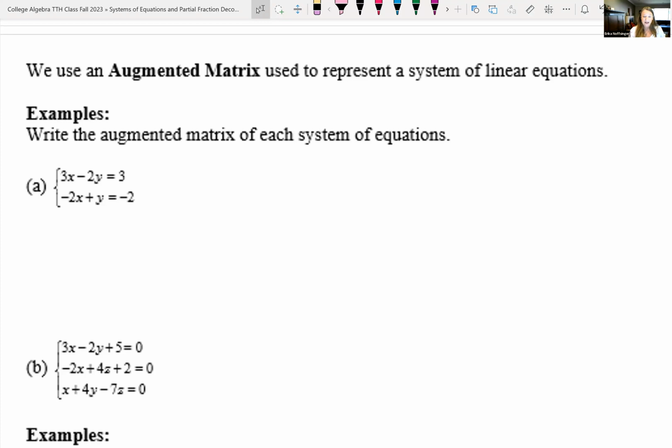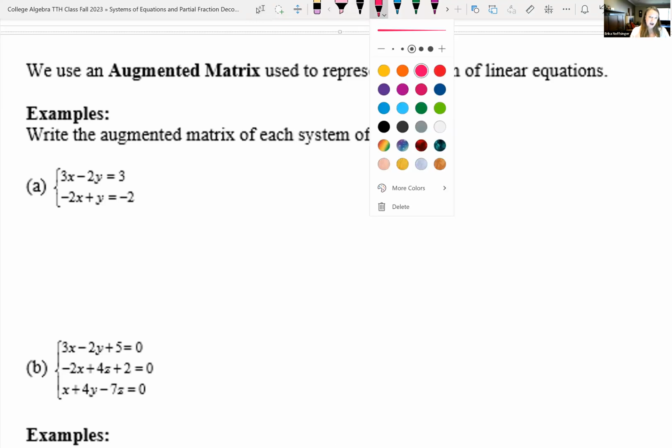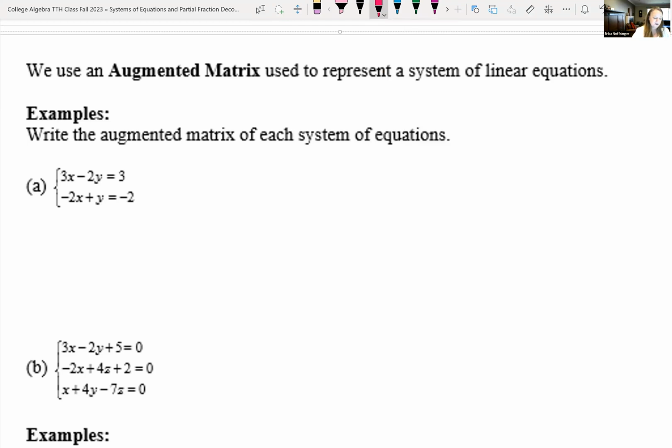So when we're writing an augmented matrix, all we're writing are the coefficients and the constants of the system of equations. So we want to make sure that all of our x variables are lined up, all the y variables are lined up. And so what we're doing is writing either huge parentheses or huge brackets, depending on how you want to do it. This first equation is going to be the first row of my matrix.